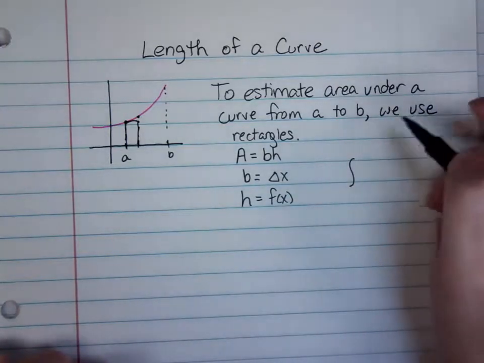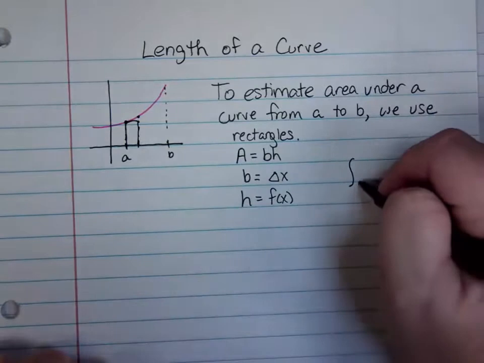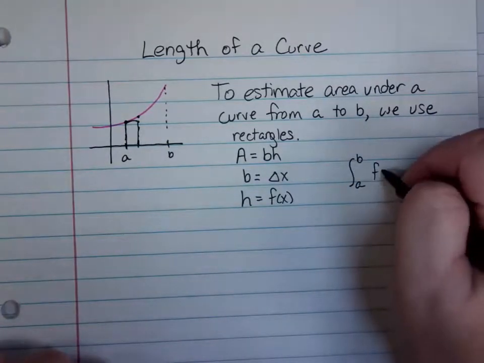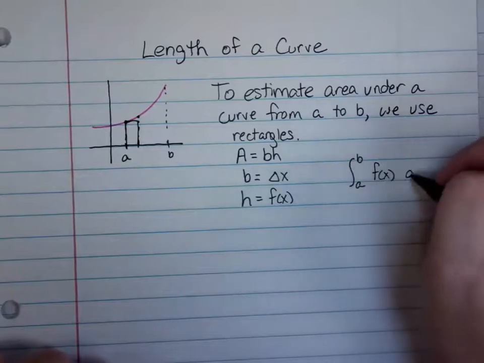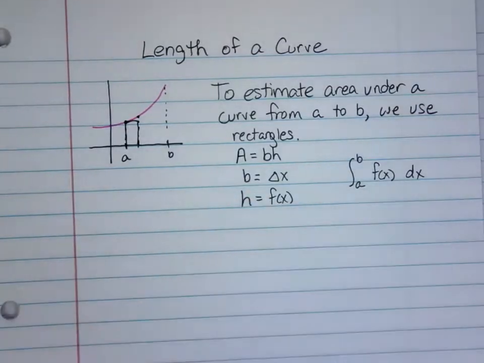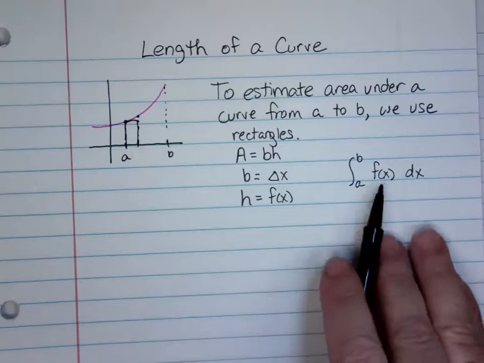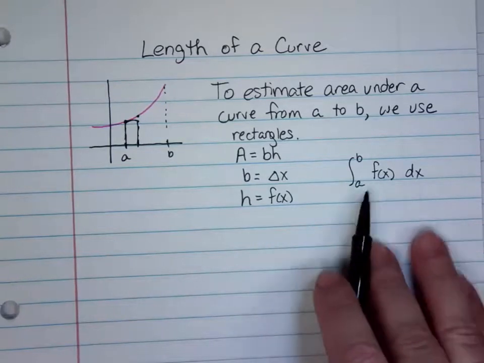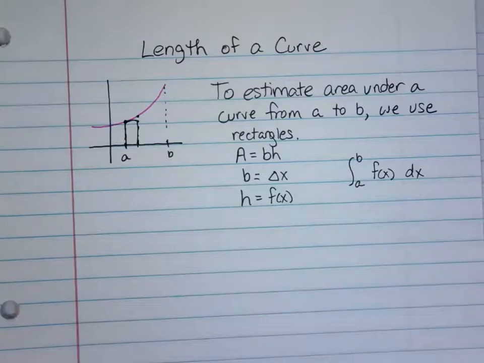So what are my limits of integration? A to B, where you start and stop making rectangles. And then we just put in here f of x dx. Now remember, the delta x is the dx. So f of x is the height, dx is the base. That creates the area of the rectangle, and the integral adds them all up. Okay? So we found each rectangle, then we added them all up with an integral.